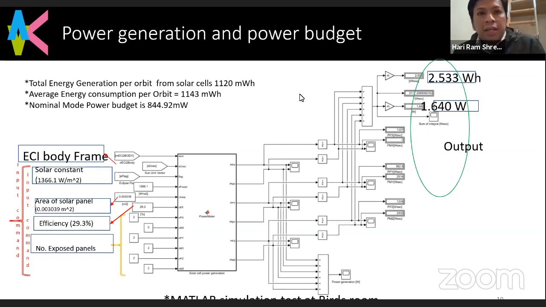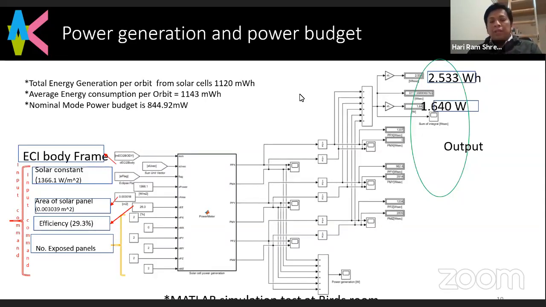This is the power generation and power budget. Actually, we cannot do real practice in our lab. So we just do simulation tests, and we don't have the same conditions to do solar generation in this system.